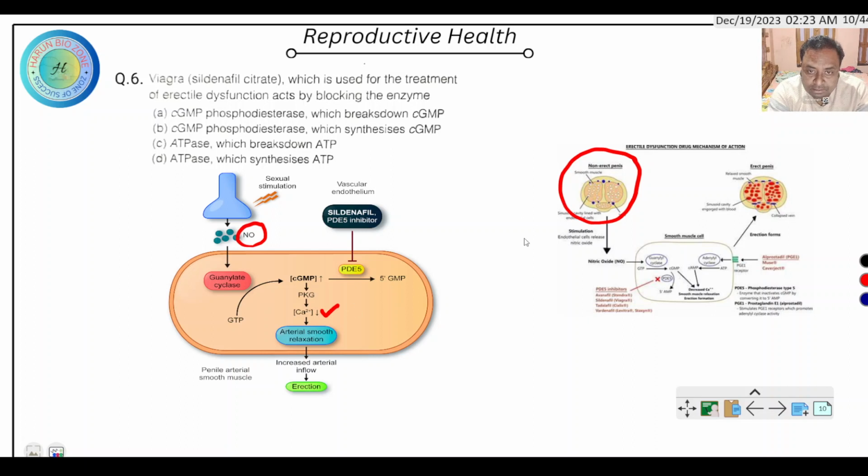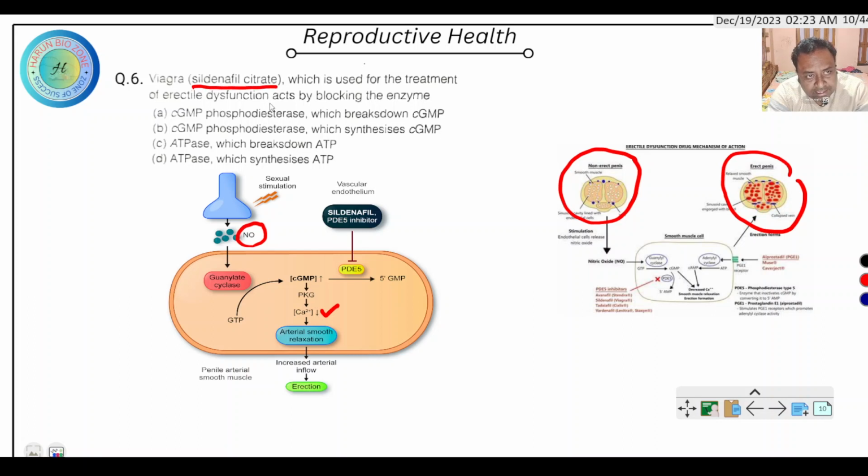The artery of the penis muscle is filled with blood and the penis becomes erect. So here the artery of the penis becomes filled with blood and the penis becomes erect. So what is the function of sildenafil citrate?